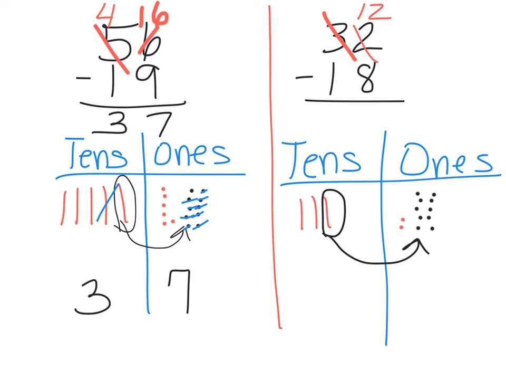How many ones are we left with? 2. So notice that the standard algorithm matches our quick pictures. Now we can go back. Do we have enough ones to subtract 8? Yes, because now we have 12. And we could go ahead and minus that 8.